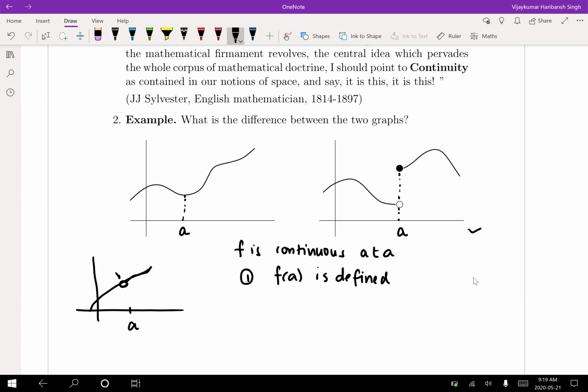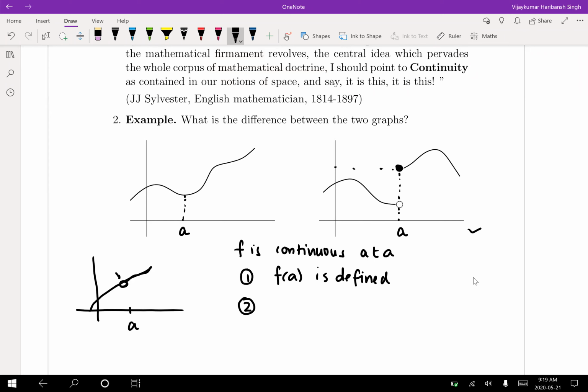In this case, you see the function is defined at A, because this dot here represents that the function is defined at A by that value, whatever that value is. However, the function is still not continuous.